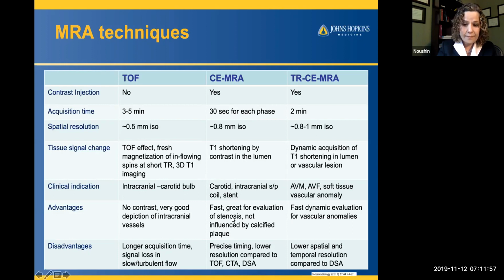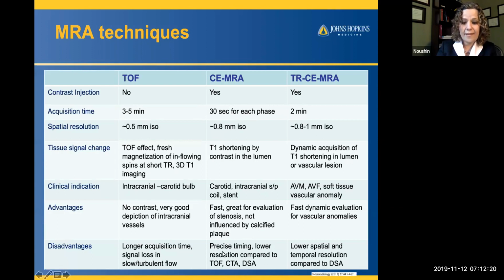It's faster. It's great for evaluation of stenosis because time of flight can actually overestimate stenosis because of turbulence in the flow. And compared to CTA, it's not influenced by artifact from calcified plaque or artifact from calcification. So that's also an advantage over CTA.